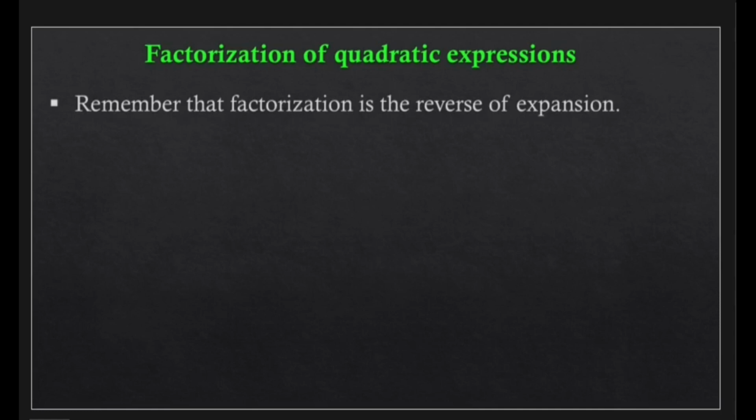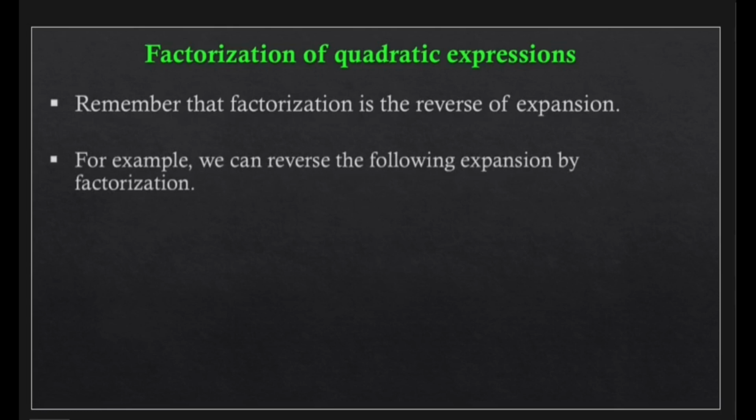After you have expanded an algebraic expression, if you were to reverse it back, you need to do what is known as factorization. For example, we can reverse the following expression by factorization. We have this expression, open brackets, x minus 2, close brackets, to the power 2.